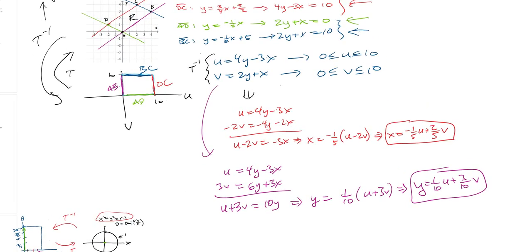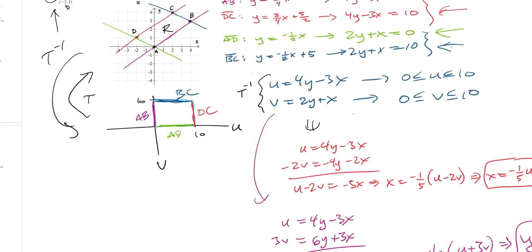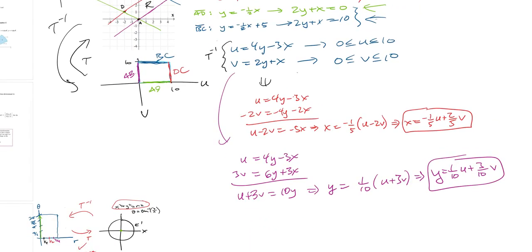Going back to this, let me rewrite it. So we have T as x equals negative 1 over 5 u plus 2 over 5 v, and then y equals 1 over 10 u plus 3 over 10 v.